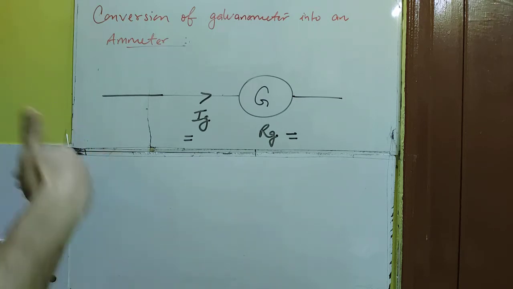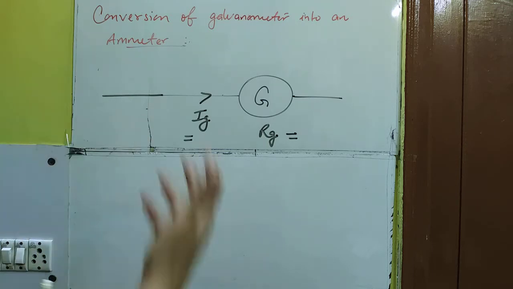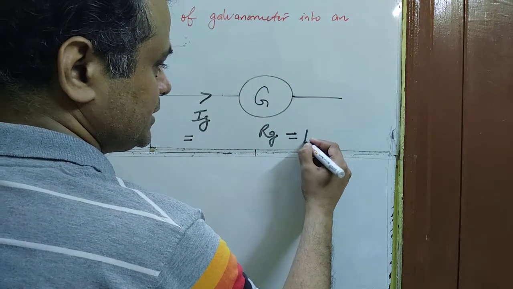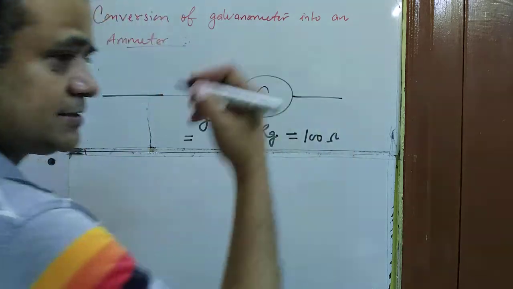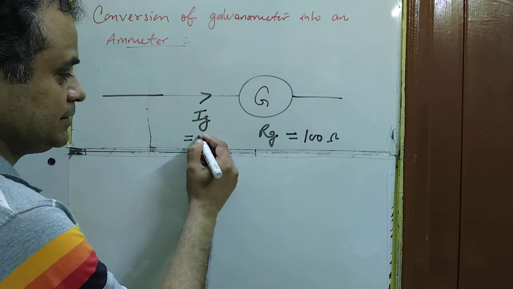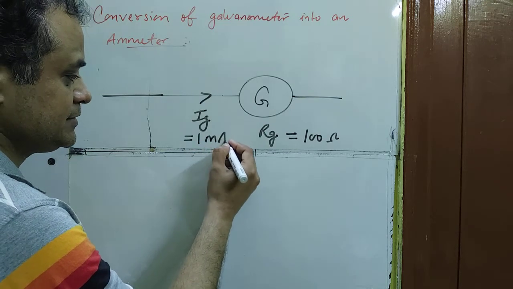Means we are going to increase its efficiency, that means we are going to decrease its sensitivity. Suppose that this one is a galvanometer whose resistance is 100 ohm. We are taking just an example for our convenience. This one is Ig and the maximum current that can be measured is 1 milliampere.